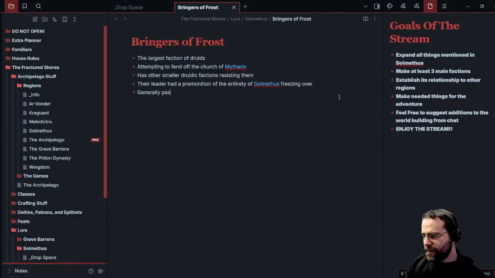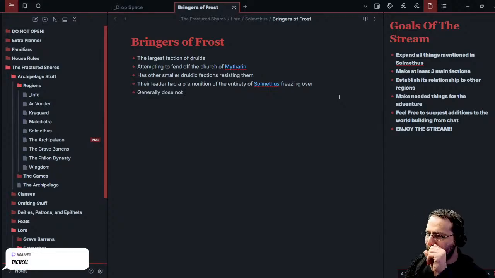Generally passive. Not passive. Strategic. Strategic? No. Generally does not. Tactical. Tactical is correct, but I'm not thinking of those, which are more intentional. That would be tactical.